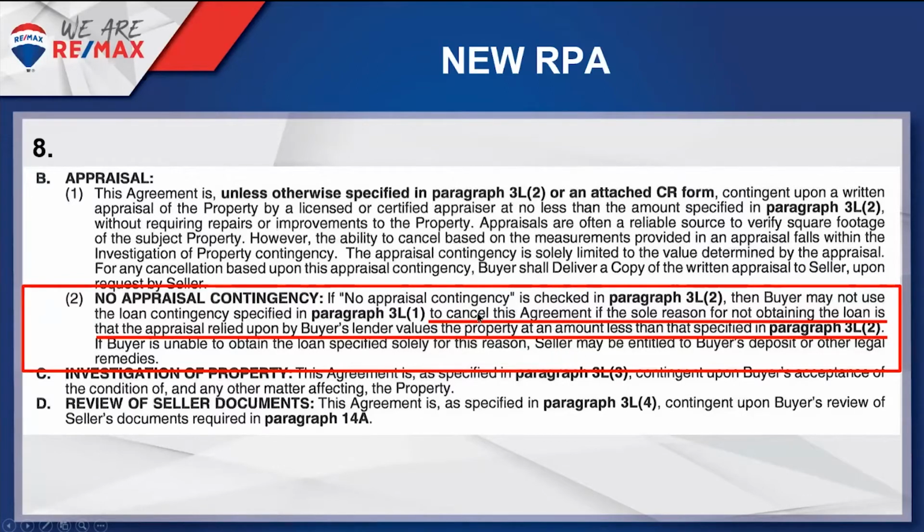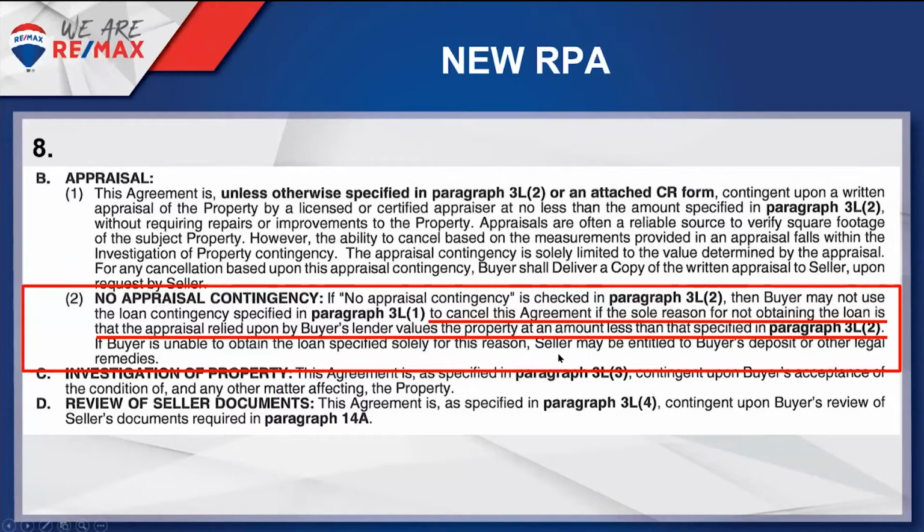You cannot cancel this agreement for the sole reason of not obtaining a loan if that is only because of the appraisal the lender was using as a requirement to make the loan. You've already removed the appraisal contingency and you qualify for the loan otherwise, so you would not have a reason to cancel, because you no longer have the appraisal contingency, even if you couldn't get the loan because of the appraisal.